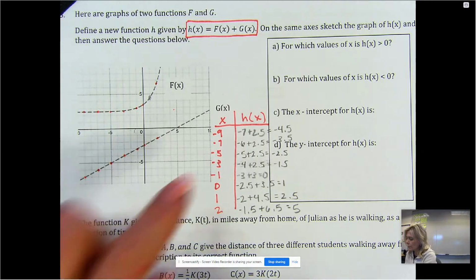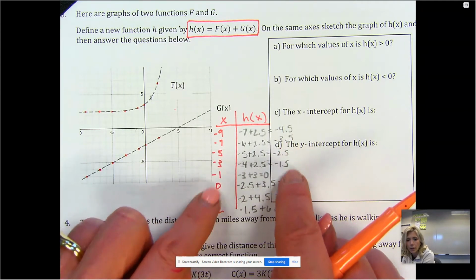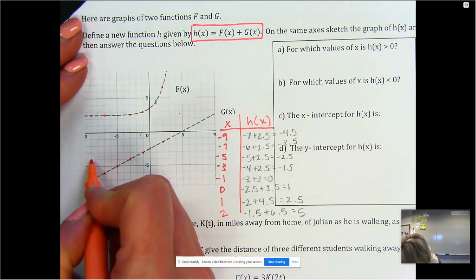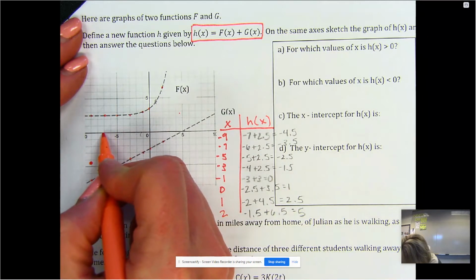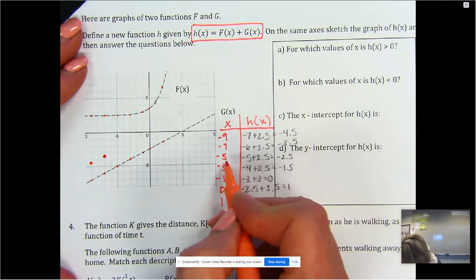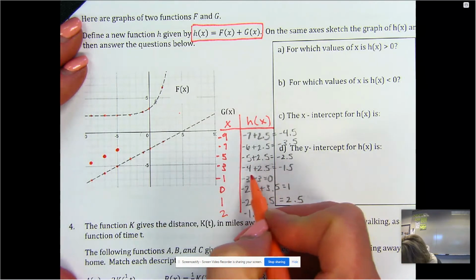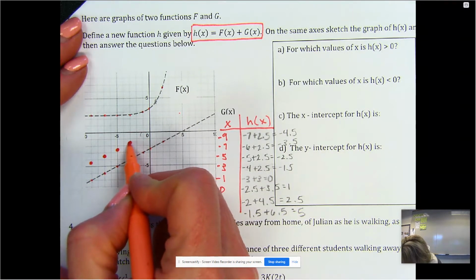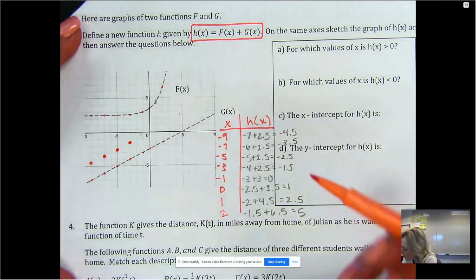For each point, this is the x, this is the new y. Okay, so I'm going to put them on here. Negative 9, negative 4.5 is right here. Negative 7, negative 3.5 here. Negative 5, negative 2.5. And negative 3, negative 1.5. It's all lining up, which makes sense because we're adding an asymptote, almost the same number each time.